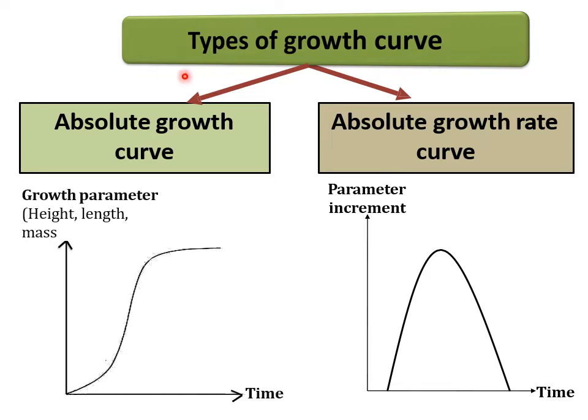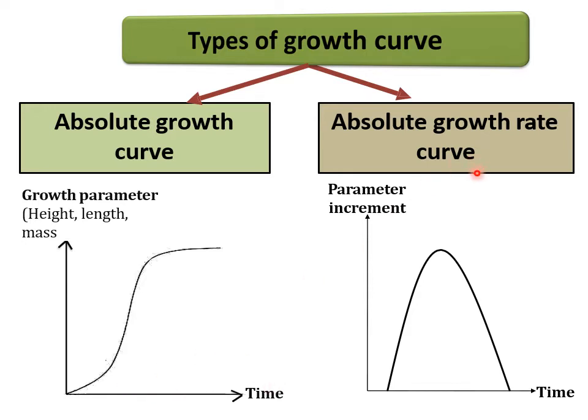Here we have 2 types of growth curve. The first one, absolute growth curve, and the next we have absolute growth rate curve. For the absolute growth curve, the growth parameter, for example height, length, and mass, is plotted against time, and it shows a sigmoid shape curve.